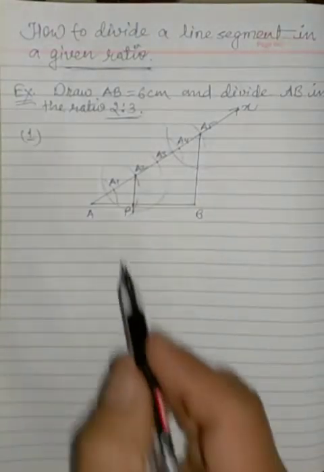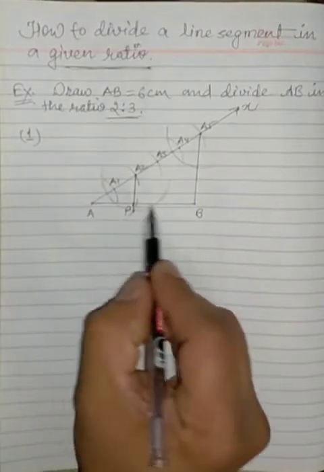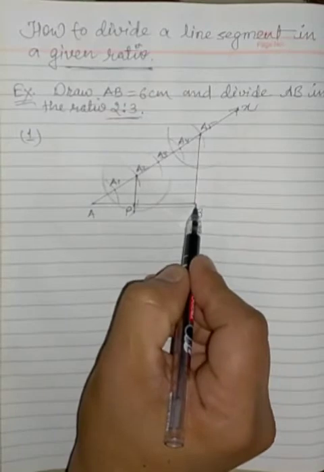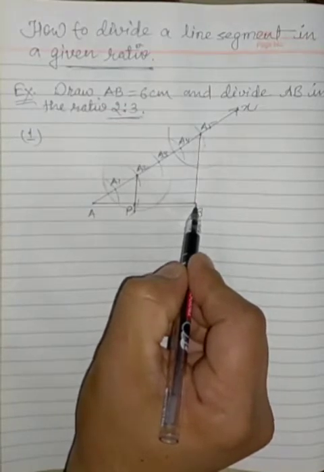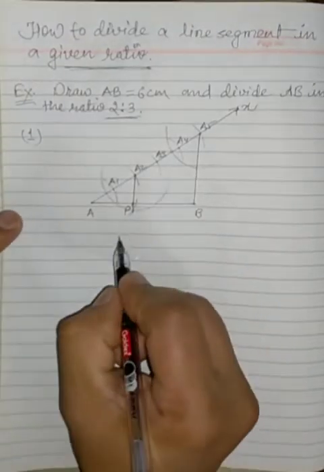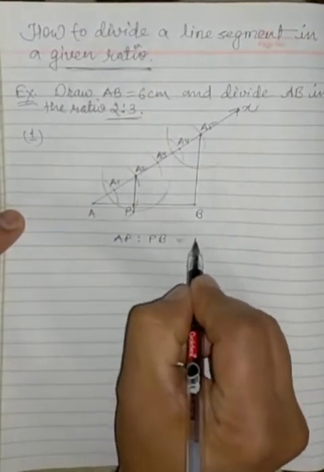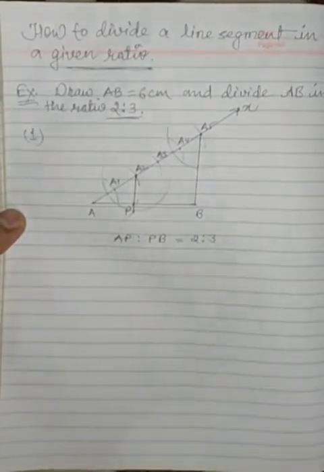Now P is the point between A and B such that AP is to PB equal to 2:3. So we have got AP is to PB equal to 2:3.